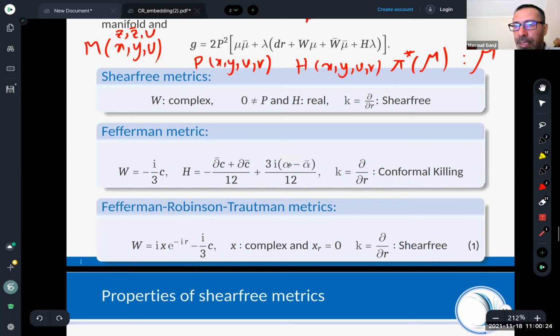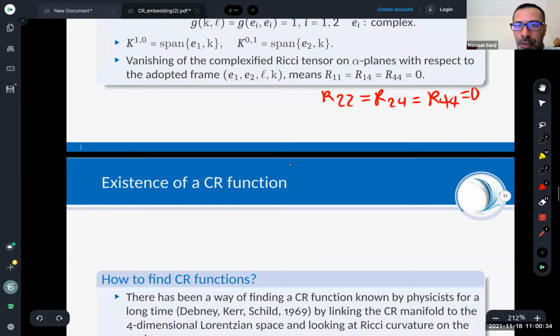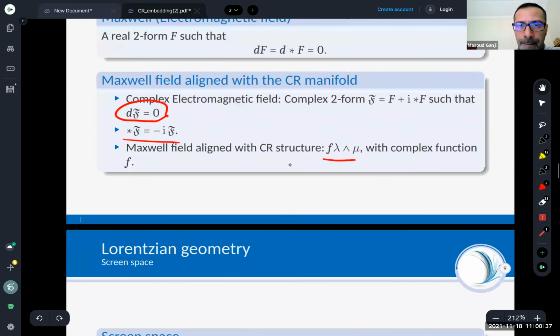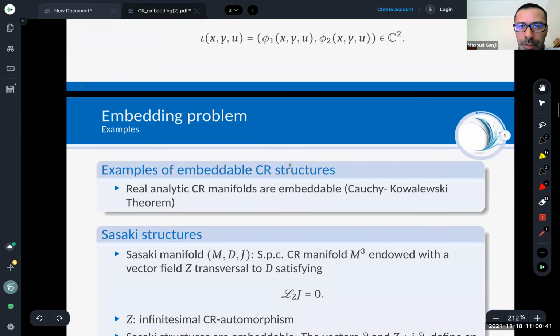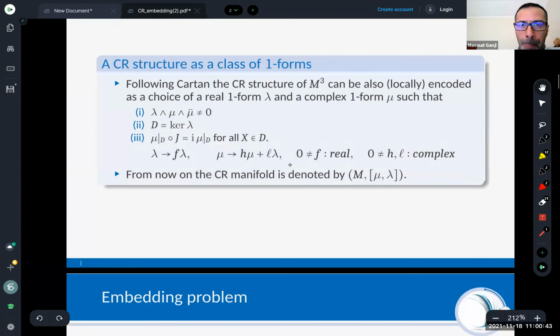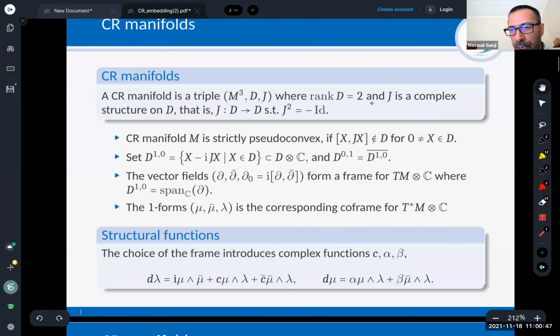C is the famous C. Alpha and beta come from the alpha and beta at the very beginning. So let me show you. Where was it? Yes, this function C, alpha, and beta.